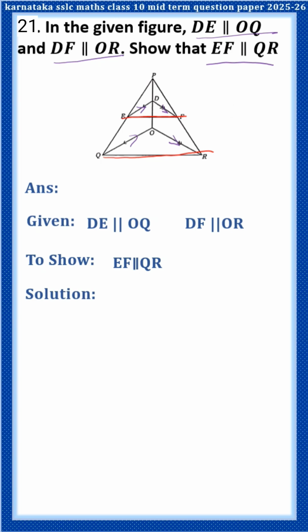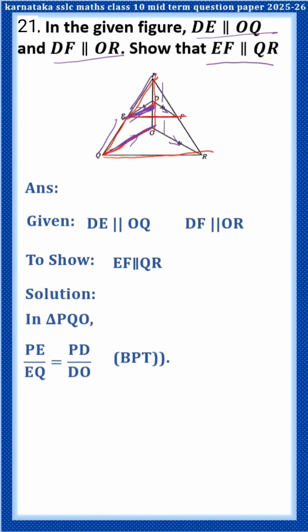Now you can observe that in triangle PQO, since these two lines are parallel, then this by this is equal to this by this, means PE by EQ is equal to PD by DO. Why? Because of BPT. Let us name it as equation number 1.